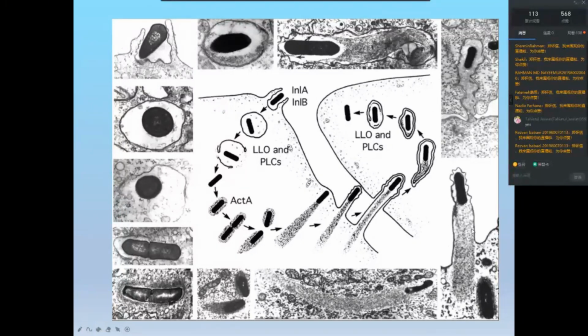The actin tail behind the bacteria can push the bacteria to escape from the infected cell. And sometimes these are two cells. It can push the bacteria from one cell and then invade another one. So this is spreading.